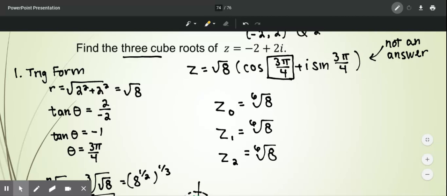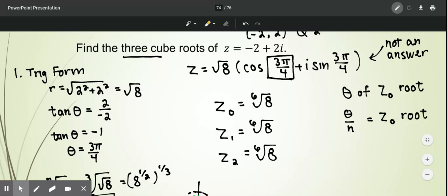Right, so to find theta of your z sub 0 root, we're going to divide by n, whatever our n is. So do theta divided by n, and that will equal your z sub 0 root.